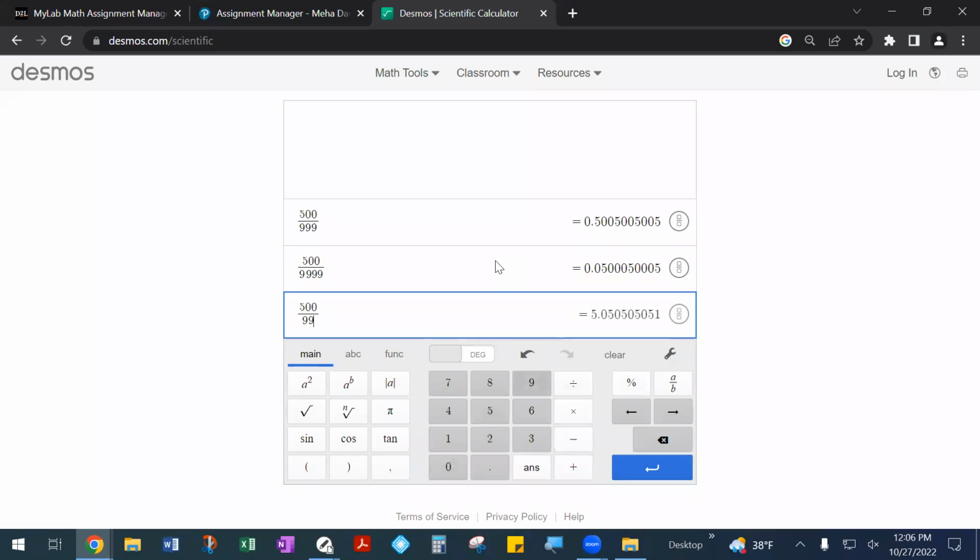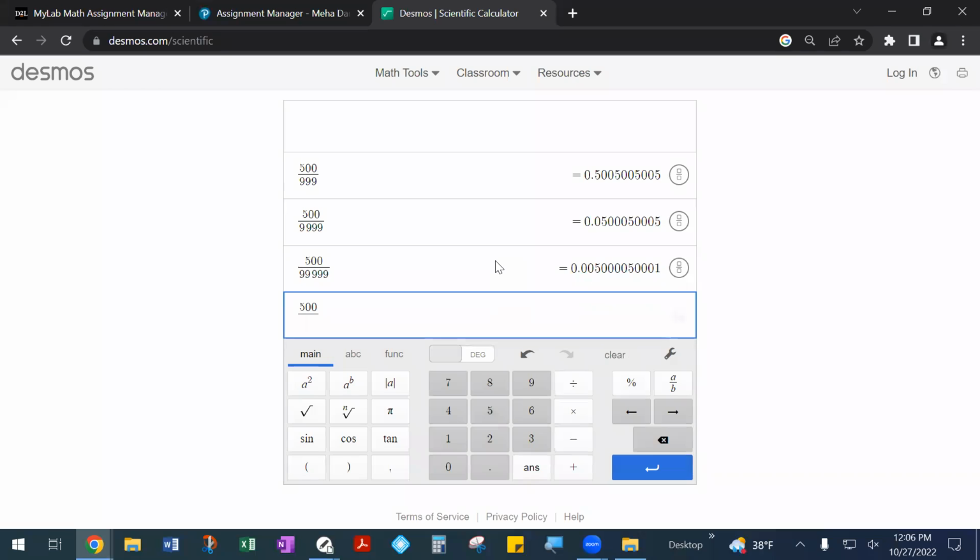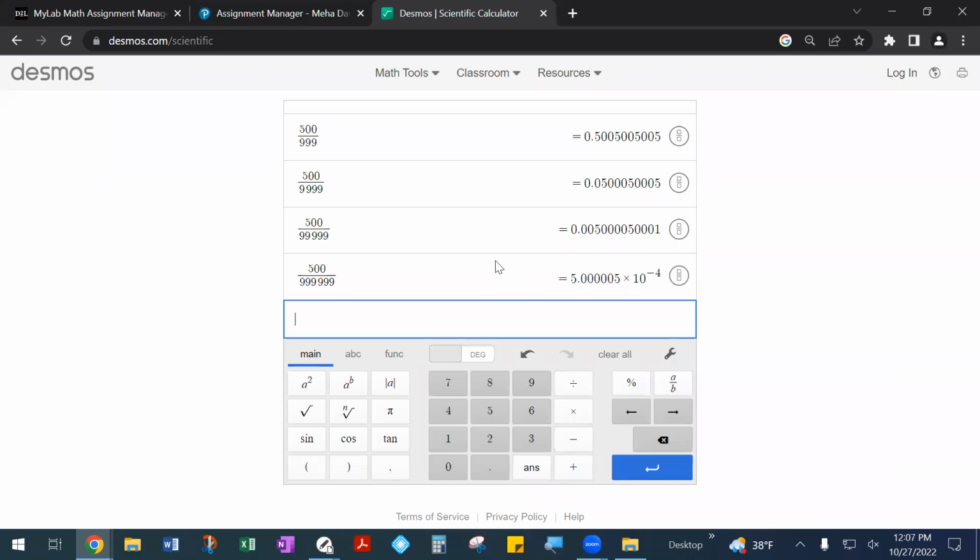500 divided by 1, 2, 3, 4, 5 nines: 2 decimal places, 2 zeros after the decimal place. 500 divided by 1, 2, 3, 4, 5, 6 nines gives scientific notation.